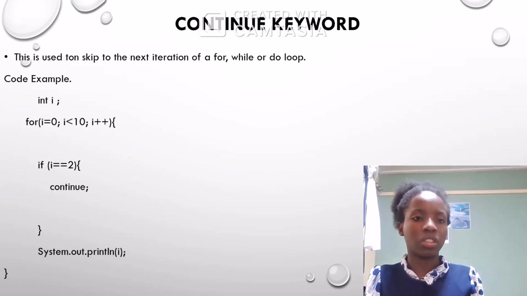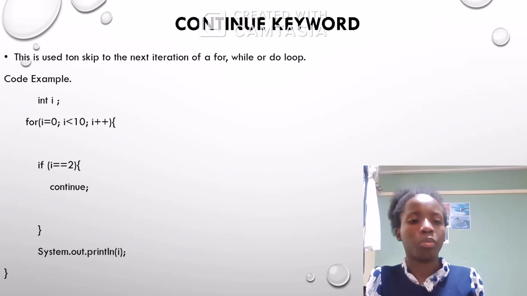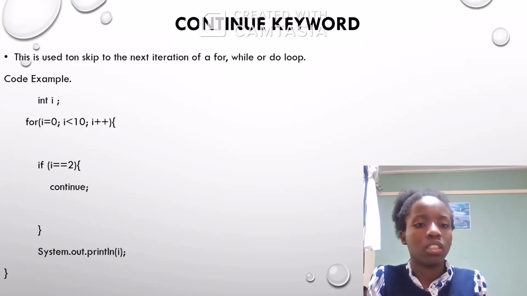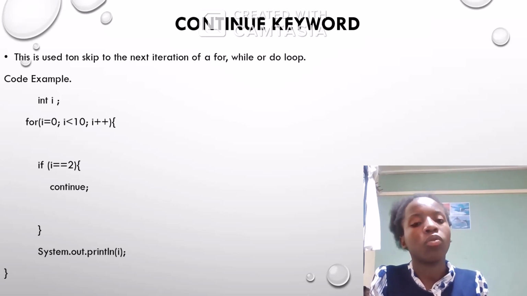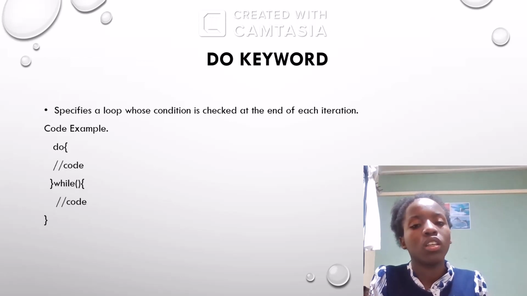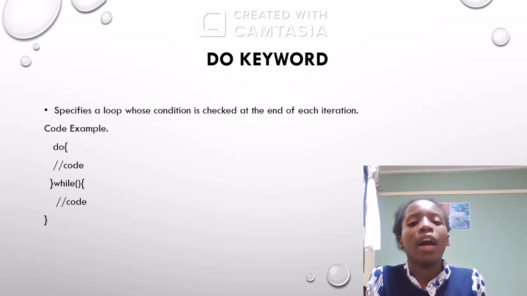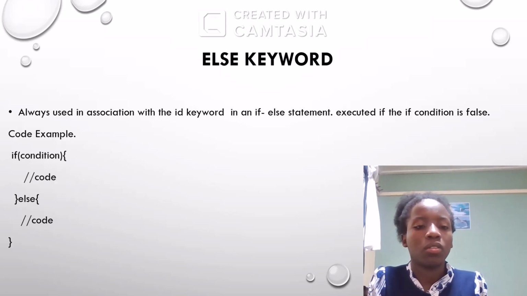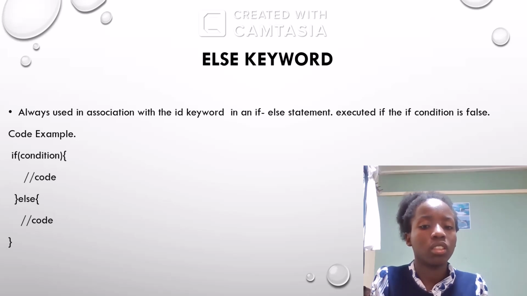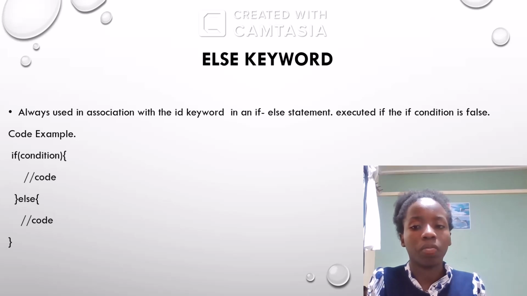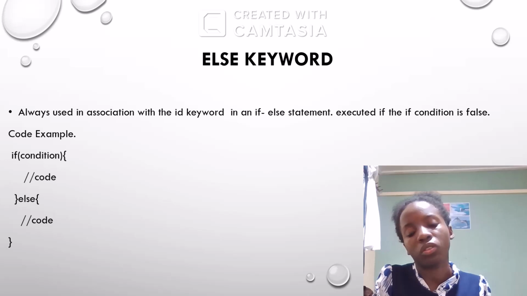Continue keyword. It is used to skip to the next iteration of a for, while, or do loop. Do keyword specifies a loop whose condition is checked at the end of each iteration. Else keyword, always used in association with the if keyword. In an if-else statement, it is executed if the if condition is false.